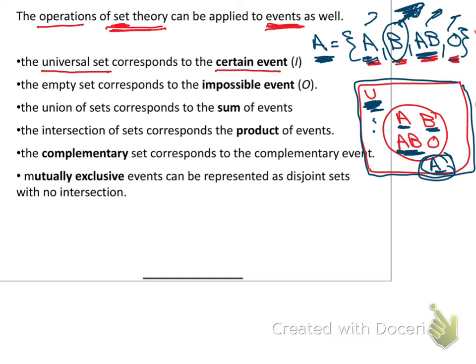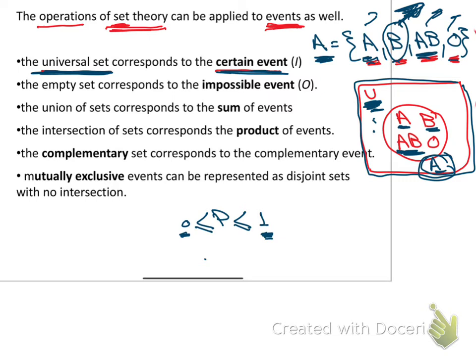So here, the probability of the universal set corresponds to a certain event. Certain means I'm sure 100% it will happen. And as we know, the probability is more than or equal to 0 and less than or equal to 1. It cannot be less than 0 and it cannot be more than 1. If in any problem you have solved you find the probability is more than 1 or less than 0, negative, this means that you have something wrong in your calculation.